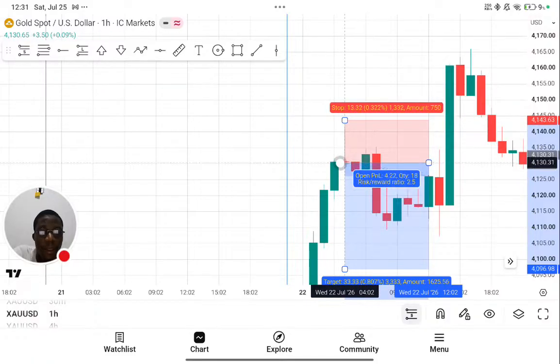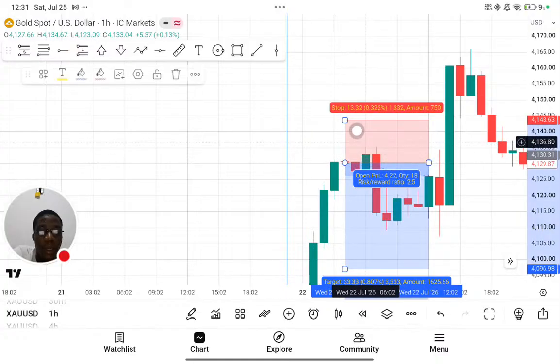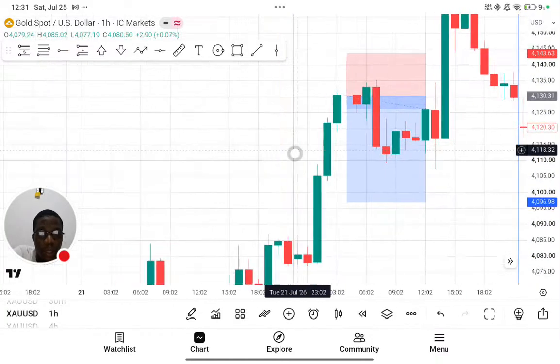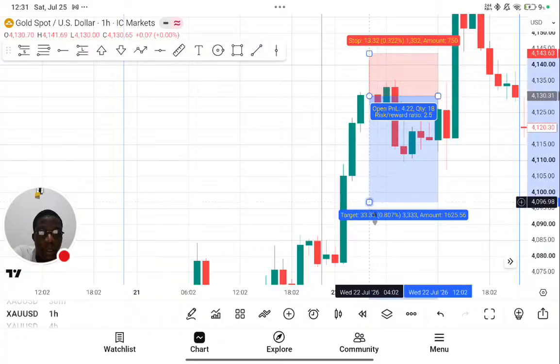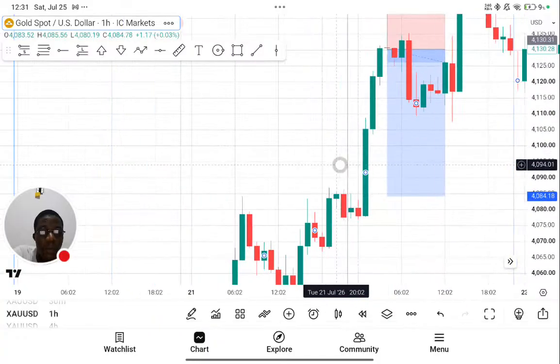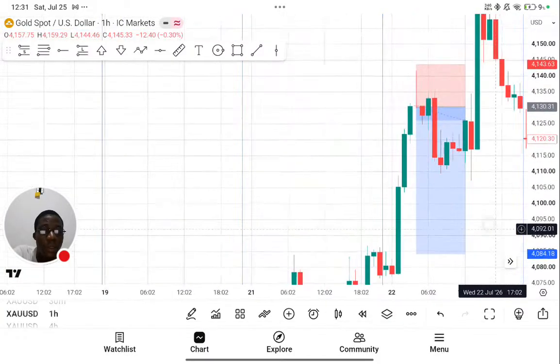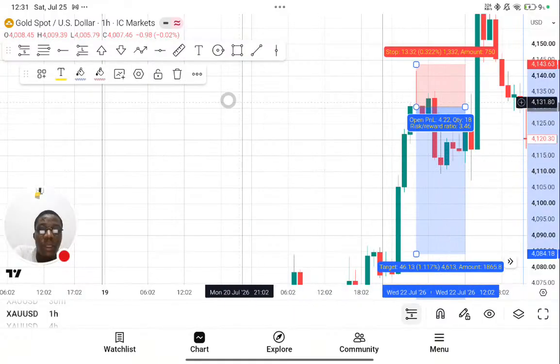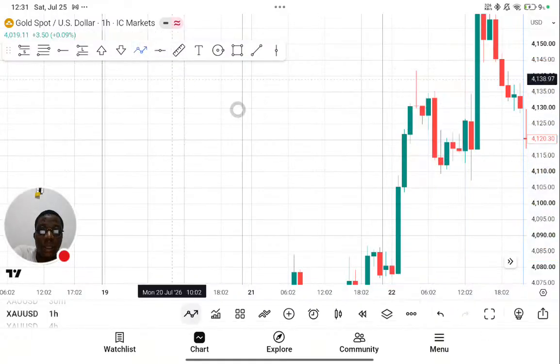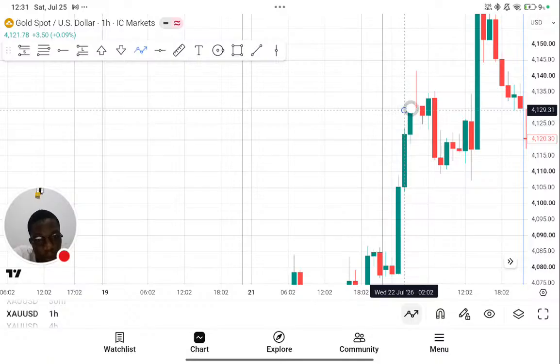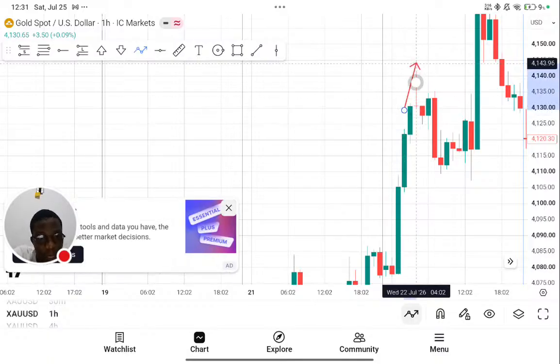I would have started selling here because why? I would have sold here and I would have been an early seller that would have been hurt, because what this represents here is price was moving normally as it should, but then look at this pressure, it closed it down.